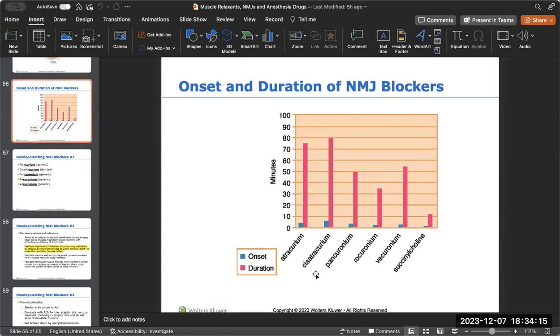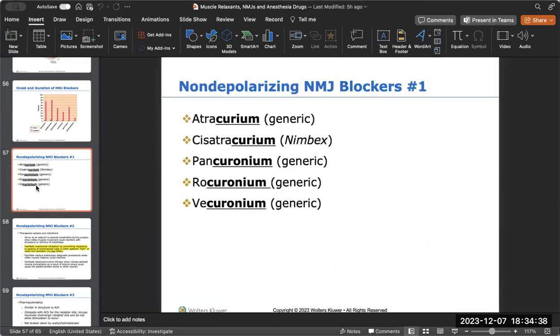You can see that they work really quickly and they last very long, except for the depolarizing one, which agonizes acetylcholine, which causes muscle stimulation and contraction. So non-depolarizing, we're causing muscle paralysis, and they all end in curium or cronium.